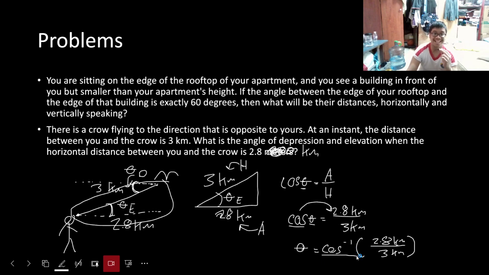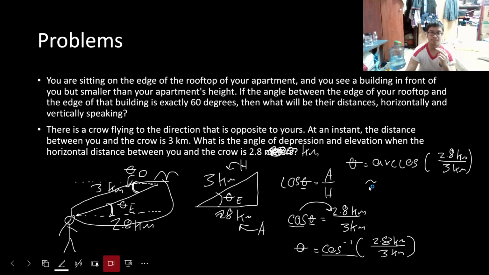This is what you call inverse cosine or arc cosine, not cosine raised to negative 1. No, that's different. This is inverse cosine. Or if you're confused, just simply rewrite it this way: arc cosine of 2.8 kilometers over 3 kilometers.